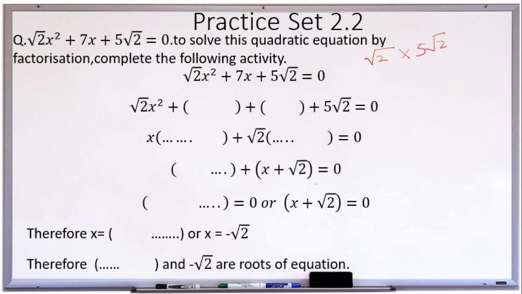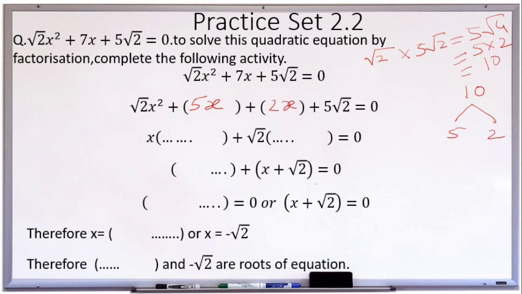Then what is their product? So 5 into root 2 into root 2, it will be root 4, which is equal to 5 into 2. Root 4 is 2, and hence 5 into 2 is 10. Okay, hope you understand it. Now what are the factors of 10? 5 and 2. Okay, so root 2 x square plus 5x plus 2x plus 5 root 2 equal to 0.